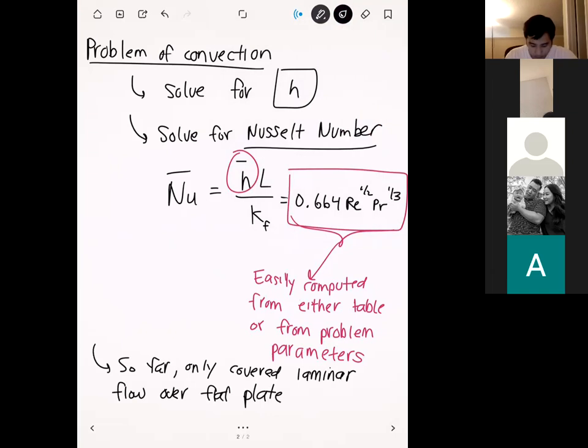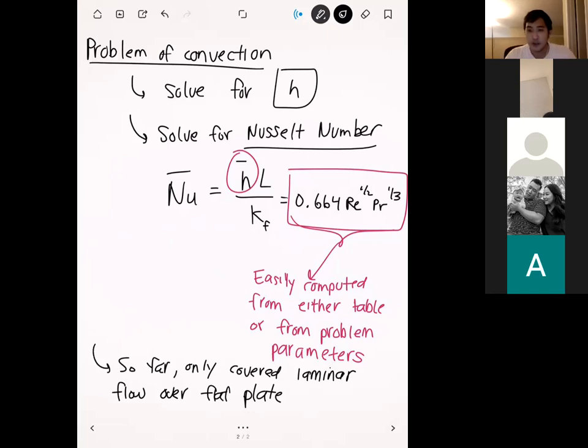When the flow is laminar and over a flat plate, we can use the Nusselt number correlation that we have up there. But under different conditions, like turbulent flow, or if our plate condition has changed a little bit, we're going to have a different Nusselt number correlation in order to solve for that.